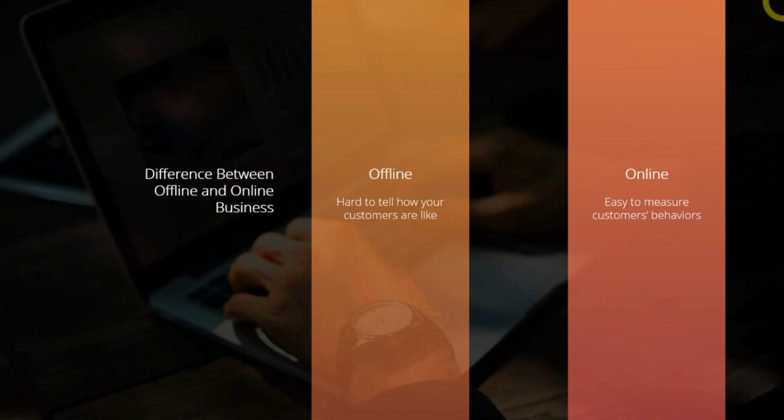The most famous tool is, of course, Google Analytics. You could find out which hour your customers enter your website, where they enter it from, what neighborhood they're from, what products they're actually looking at. So there are a lot of ways for you to interact and to analyze your online customers' behavior.